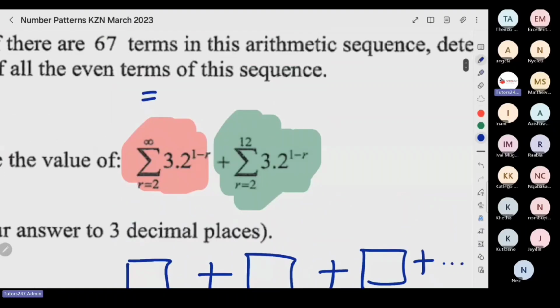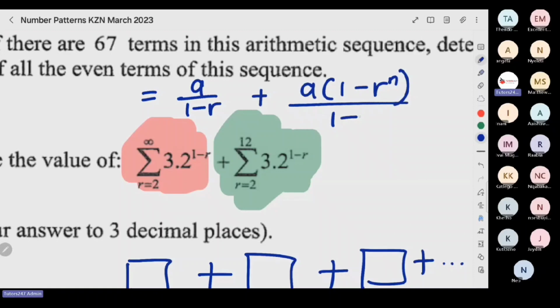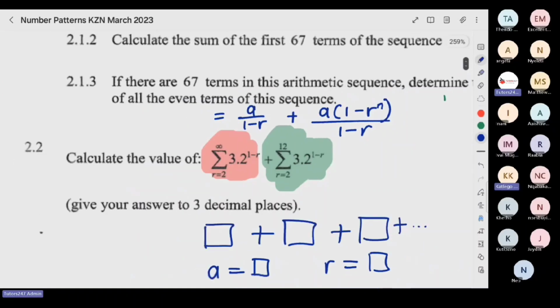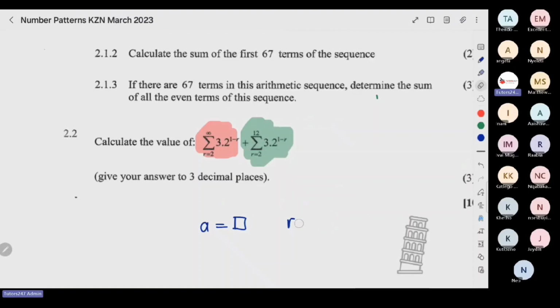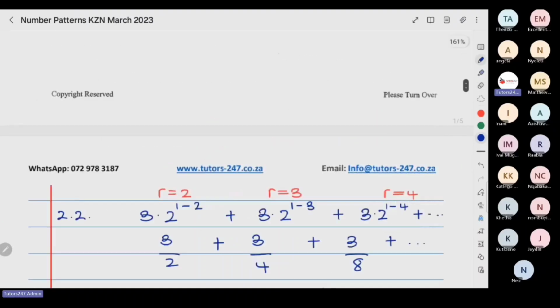You'll say equals A over 1 minus R plus A into 1 minus R to the power N all over 1 minus R. Then you can substitute and put the entire thing into your calculator. So if you felt like you were okay with doing that, you can also take that option. If you feel like you're not confident enough to do that, I would recommend breaking it up and then doing it separately and adding at the end.